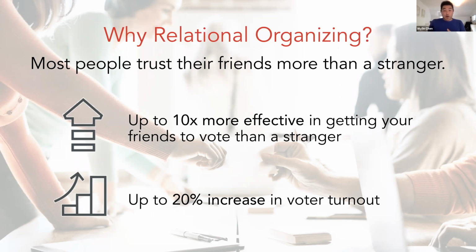If you get a call from an organizer asking you to vote, it'd be easier to ignore that person. But if your best friend texted or called you and said, hey, you have to register to vote, you got to make sure you vote, it's a lot more effective, right? Especially in today's media landscape, the messenger matters as much, if not more, than the message itself. So it's not surprising that you're up to 10 times more effective in getting your friends to vote than a stranger, and can increase voter turnout by up to 20% in any given campaign. So relational organizing works.